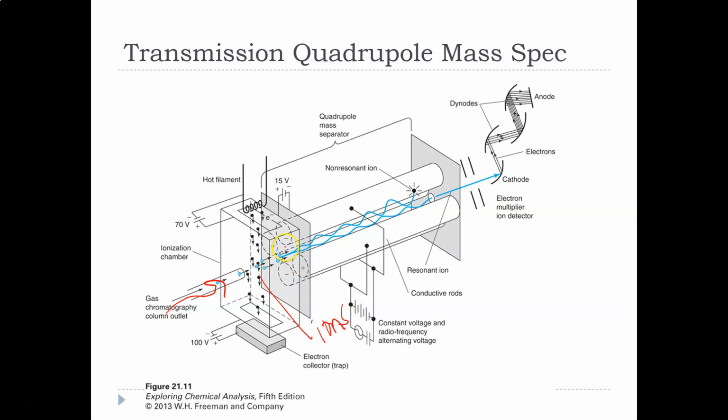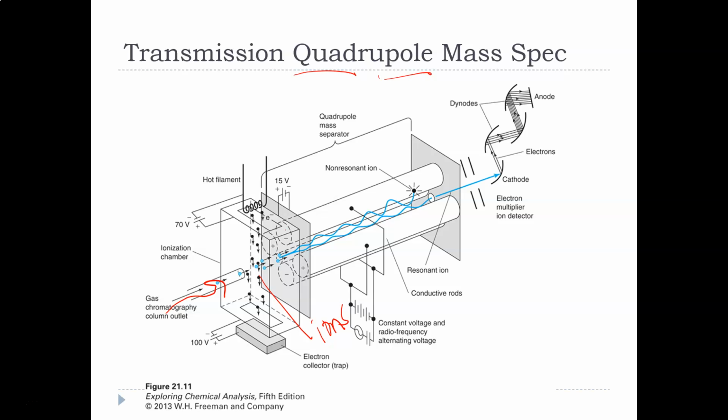Now here's the quadrupole. There's 1, 2, 3, 4 poles, so it's very literal. If you look at these poles, 2 of them have pluses and 2 of them have minuses. Remember, after the electrons, the sample is now ions, and they're going to be attracted and repulsed by positive and negative charges.